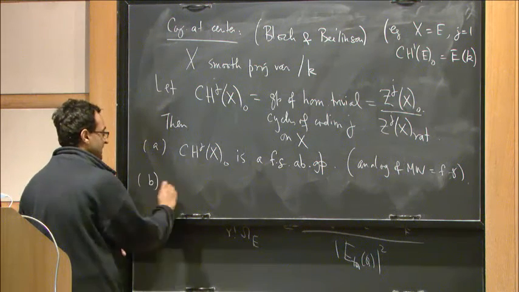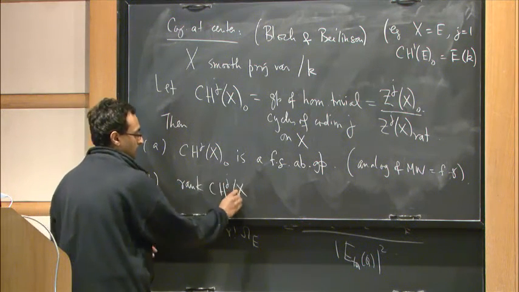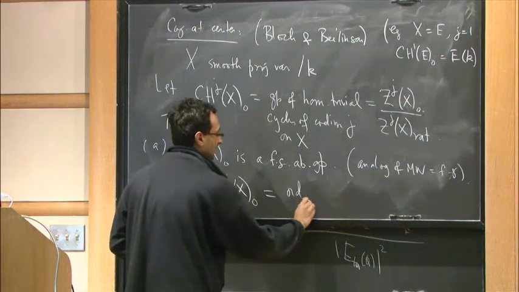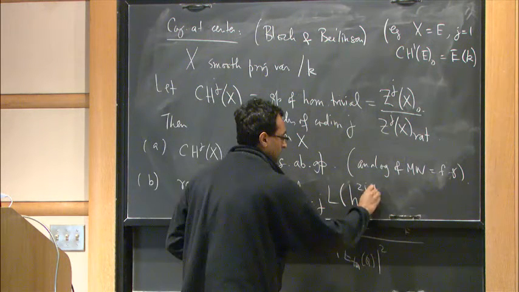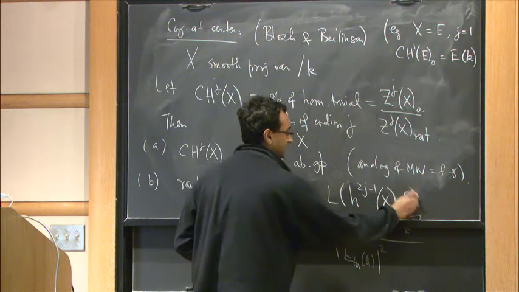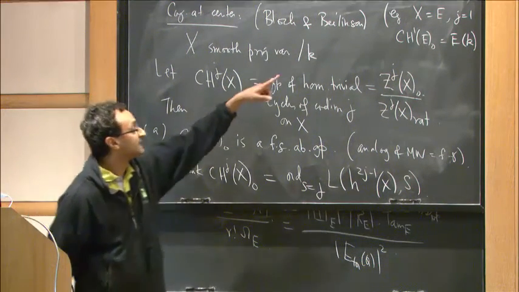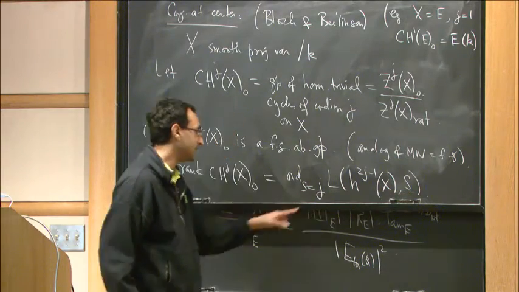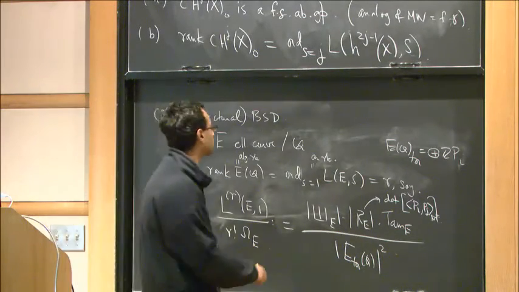The second part of the conjecture will predict exactly what the rank is in terms of an L-function. So the rank of this group is supposed to be the order of vanishing at s equals j of the L-function associated with the motive H^(2j-1). Okay. So again, if X is an elliptic curve and j is 1, this is the L-function of H^1, and at the point s equals 1. That's exactly what you get from BSD.